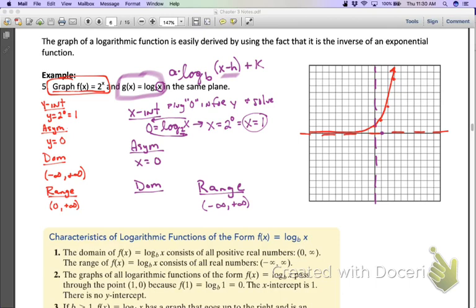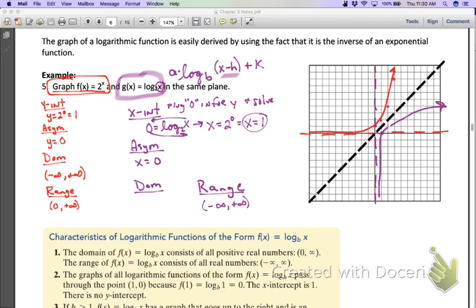It's a reflection basically over this line, okay, since they're inverses of each other. So what's going to happen is it's going to basically go right up along here and then turn this way. Okay, so if there's my reflection line, since they're inverses of each other, that just means that they could reflect over y equal to x.